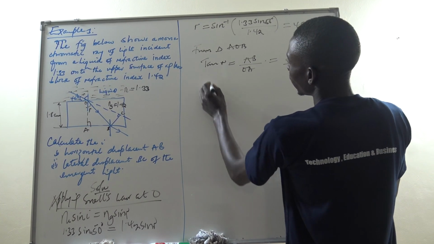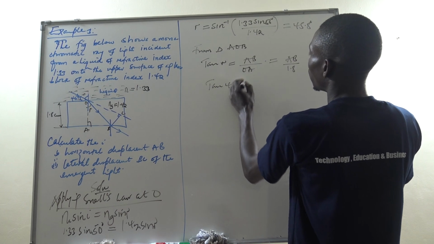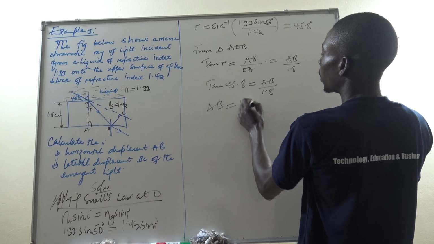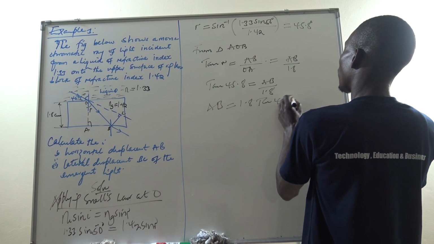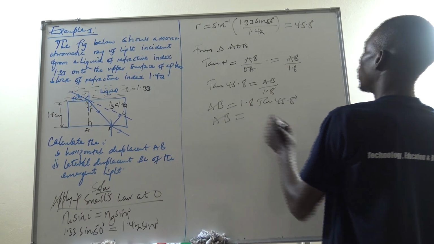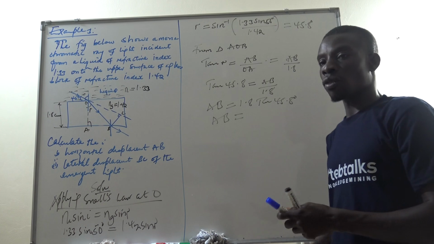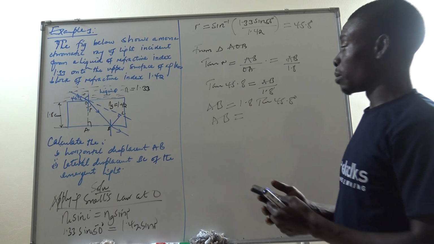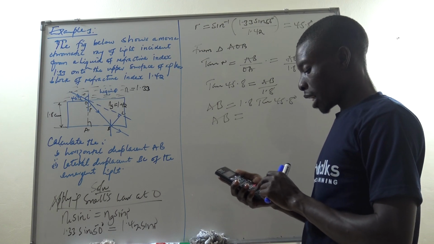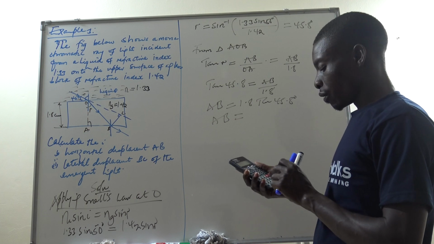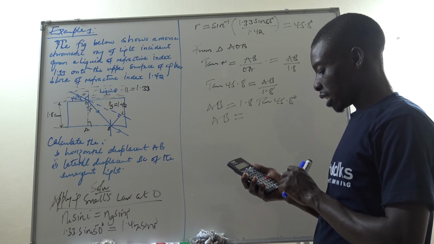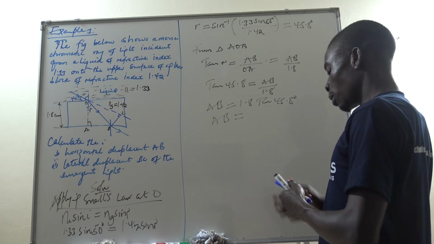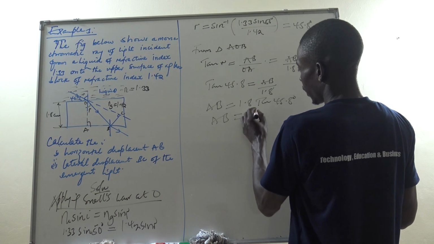Then I can say tan of 45.8 equals AB out of 1.8, implying AB is 1.8 times tan of 45.8. And please don't forget, in light, most of our calculation, we don't convert it. We leave the distance in centimeters. So 1.8 times tan of 45.8. That is 1.85.